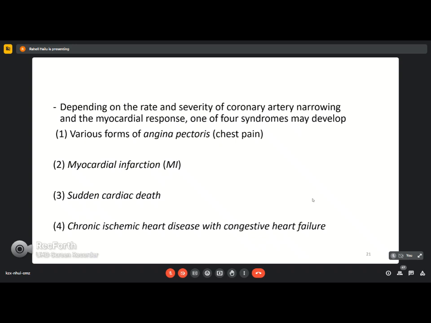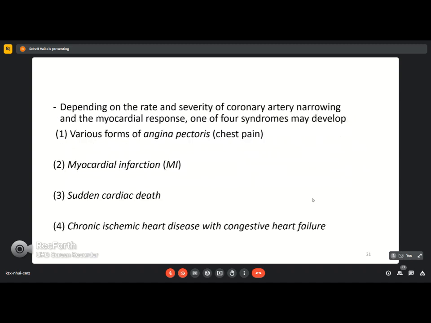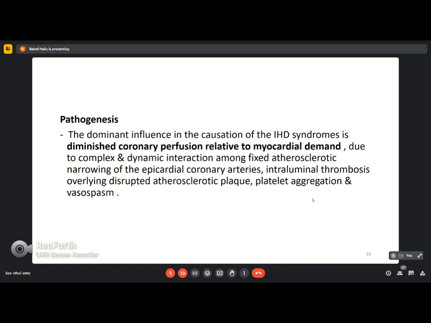That's chronic ischemic heart disease leading to congestive heart failure. So it can present in any one of these manifestations. From all of these, the ones that can be acute or sudden manifestations are a specific type of angina known as unstable angina, and then acute myocardial infarction, and then sudden cardiac death. And these are forms of acute coronary syndromes.